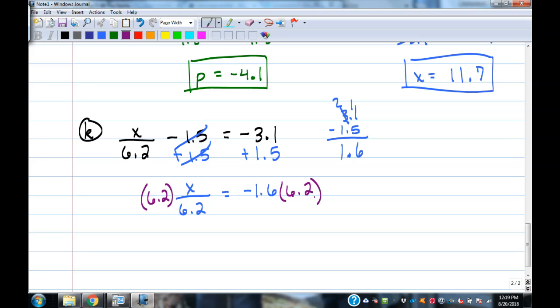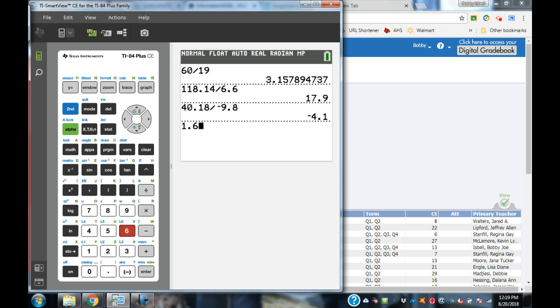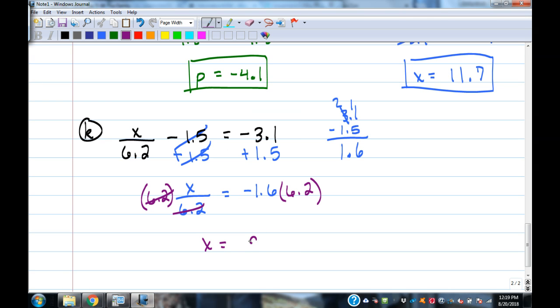Okay. 1.6 times 6.2. 9.92. Is it a positive or a negative? Why is it negative? Negative times positive. Signs are opposite, so it's negative 9.92.